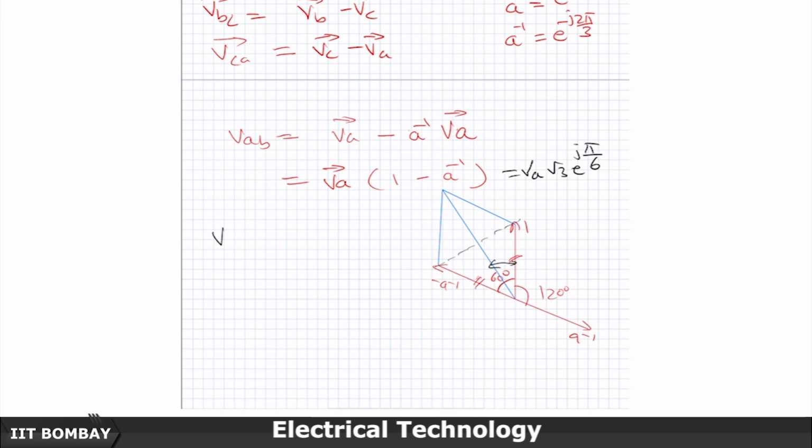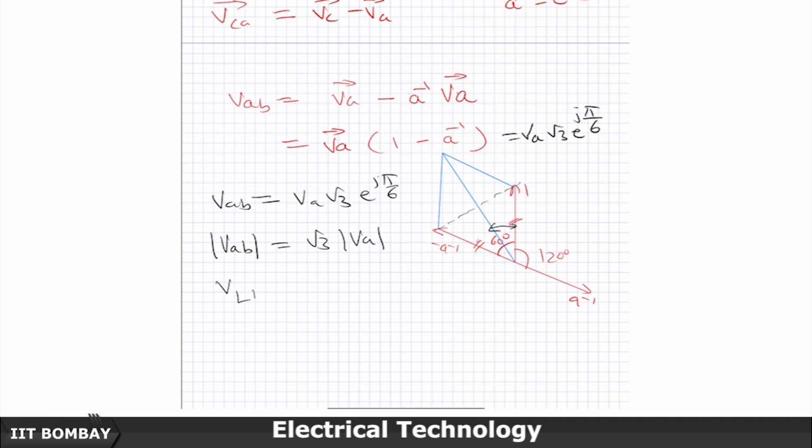So, VAB is VA root 3 e to the power j pi by 6, and I will let you complete the remaining part of this. So, the modulus of VA is going to be how much? Root 3 times the modulus of VA, or in other words the line to line voltage is root 3 times the VA to ground or VA to neutral, which is called the phase voltage.